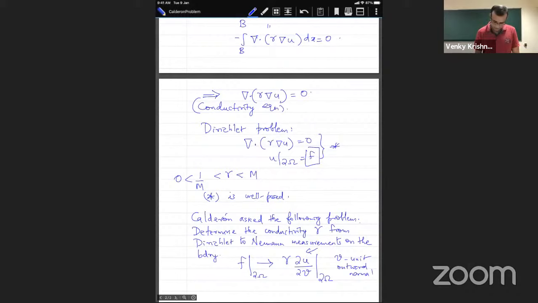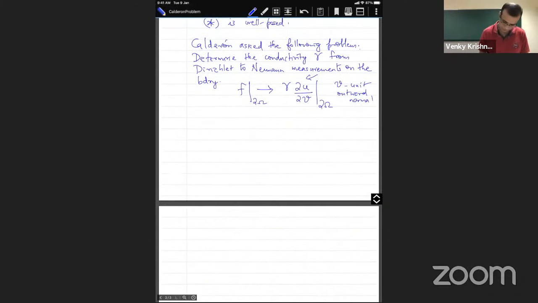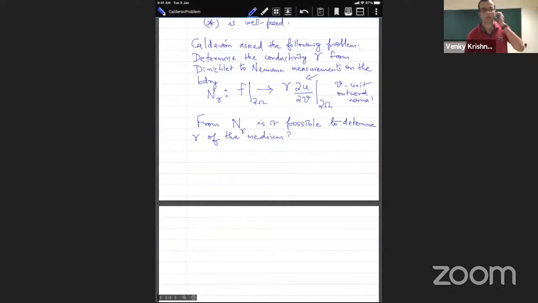And the question is, from this boundary data, let me call this n gamma, from n gamma, is it possible to determine the conductivity gamma of the medium?